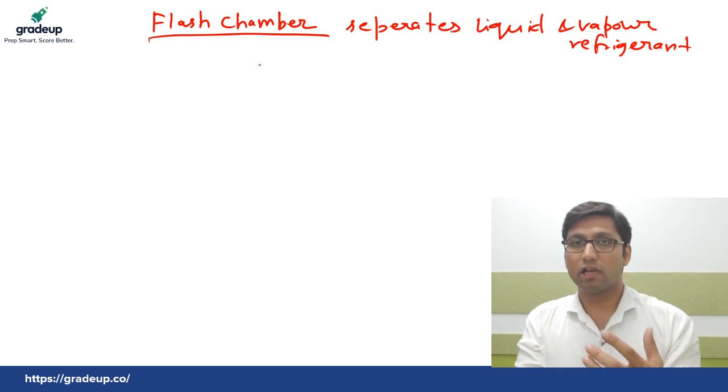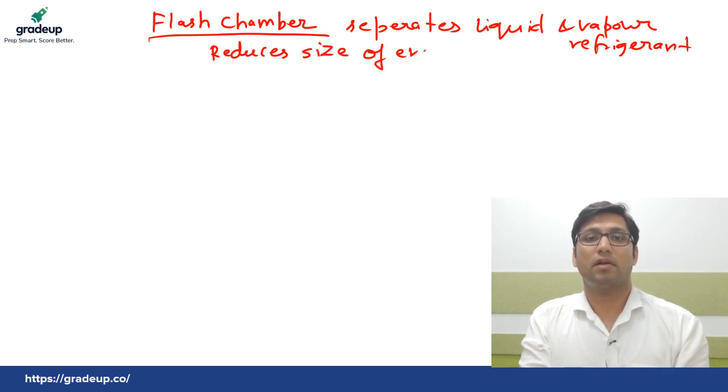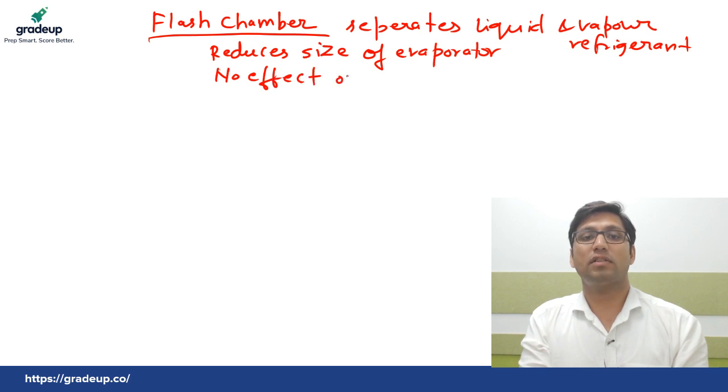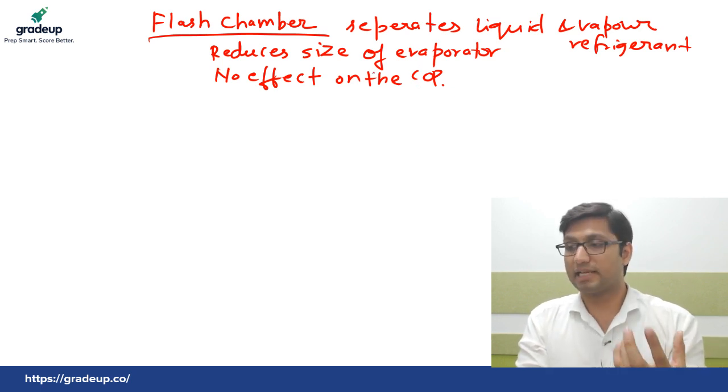It separates the liquid and vapor refrigerant, and it reduces the size of evaporator. Installing a flash chamber will reduce the size of evaporator and have no effect on COP. This is very, very important. COP will have no effect by using the flash chamber.